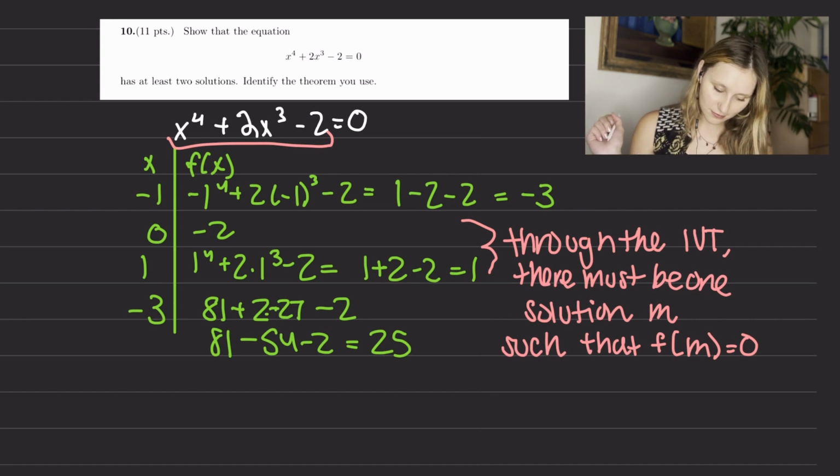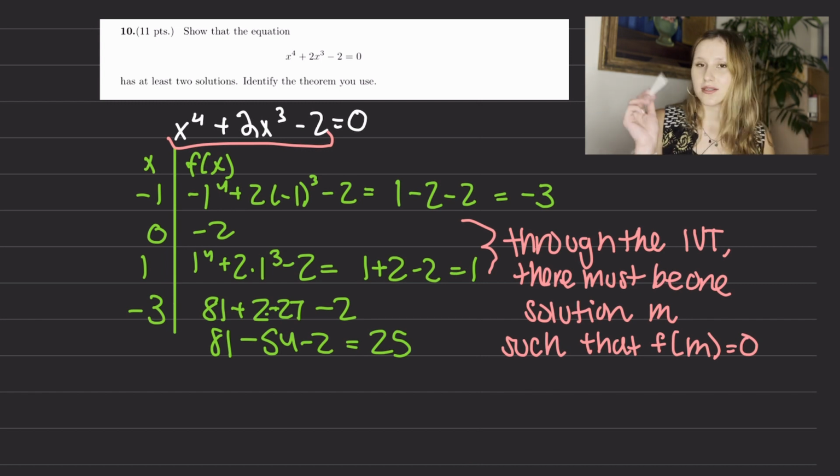Okay, that works. 25. Is that right? 56. Okay, doesn't matter. All we know is that it's positive here. So, if it's positive, that means it goes from the -3.